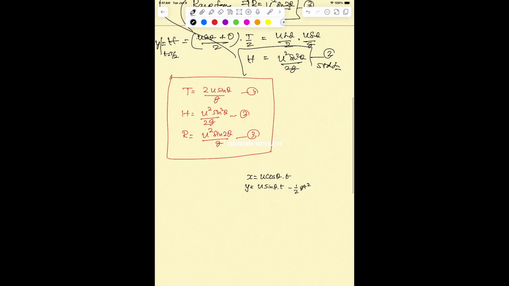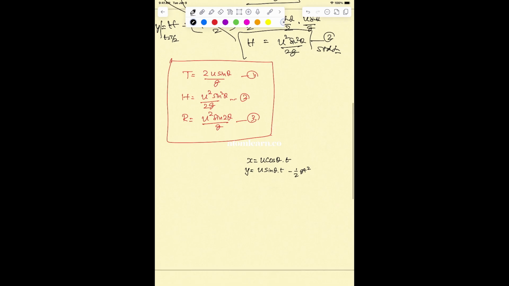These are called parametric equations, where the parameter is time t, and x and y are the coordinates of the point at any time t. If we eliminate the parameter t, we get the relation between x and y, that is y as a function of x, which is the equation of the parabola.